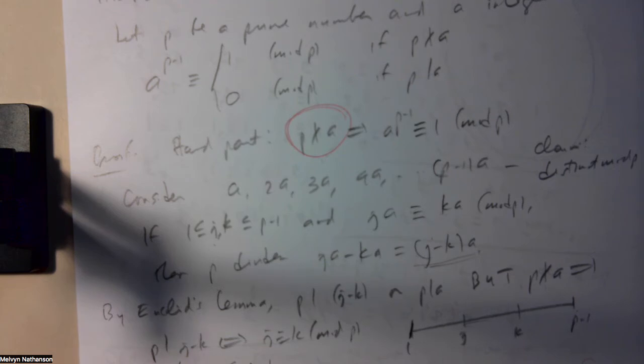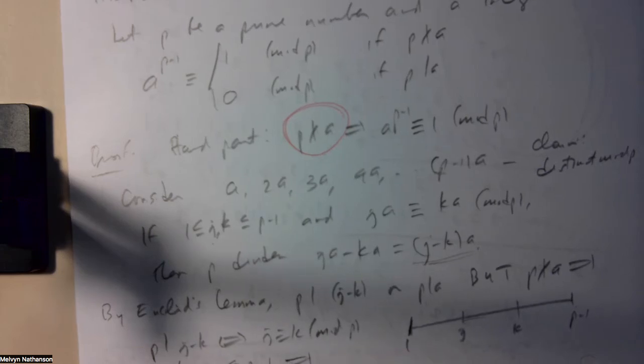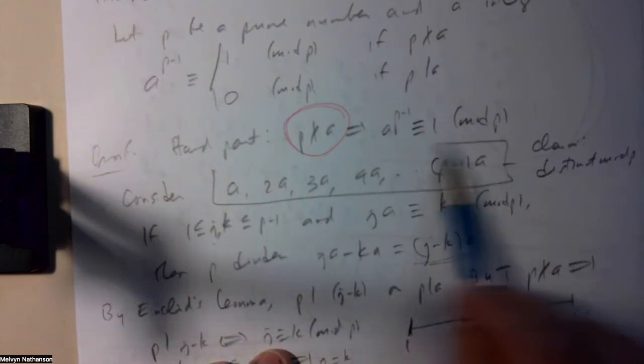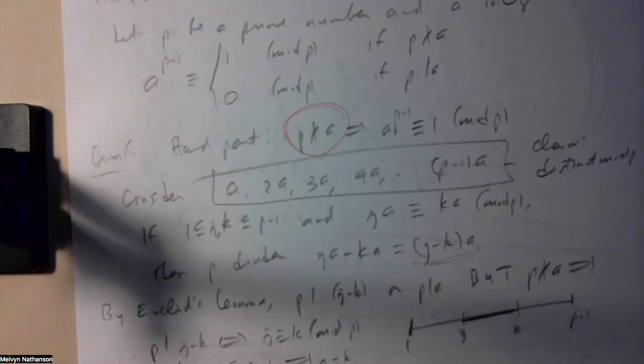The only way this number is divisible by P is if J equals K. Because if J and K were different, this would be a positive number between 1 and P minus 1, and no such number is divisible by P. No number between 1 and 6 is divisible by 7. So this proves that these numbers are distinct.